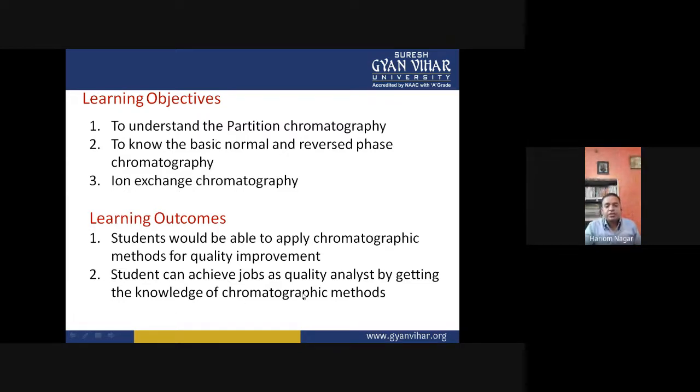So now a student can achieve jobs as a quality analyst by getting the knowledge of chromatography methods.